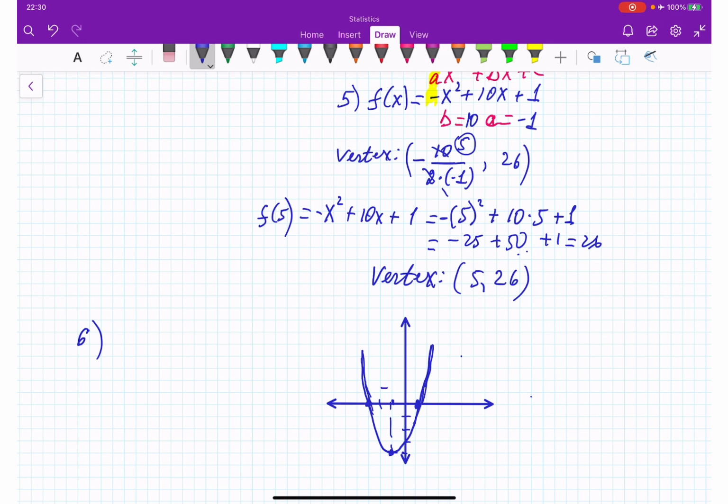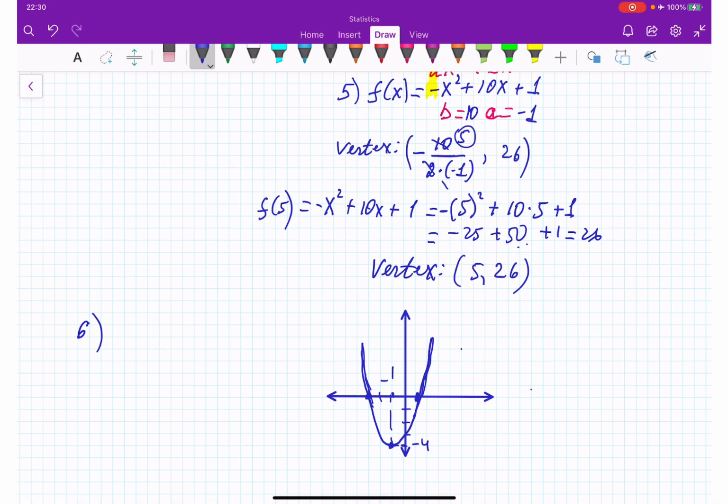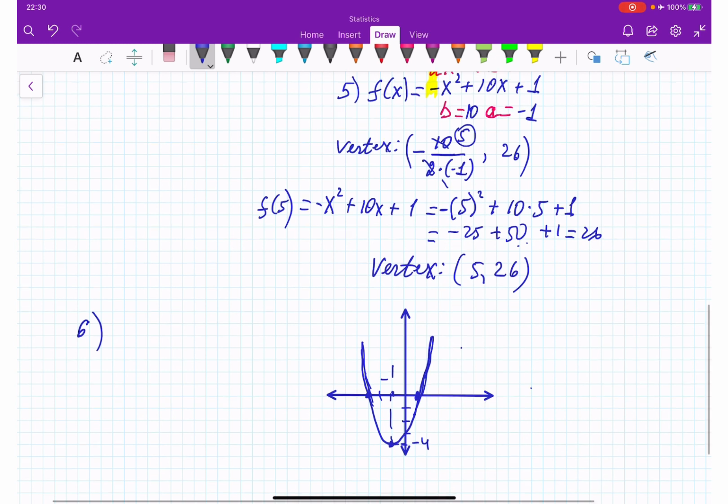Negative 1. This is negative 4. Now what we need to identify. Let's write down the equation of this graph. If the change of x for the vertex is negative 1, that means we are going to get x plus 1, going backwards. Plus 1 squared, and the shift of y is negative 4.